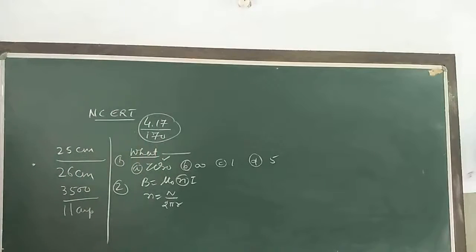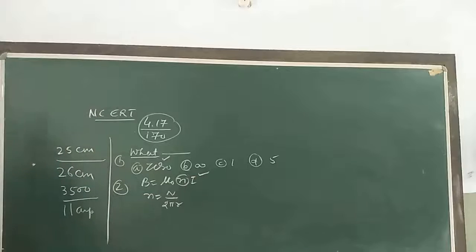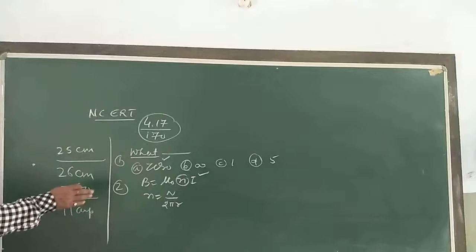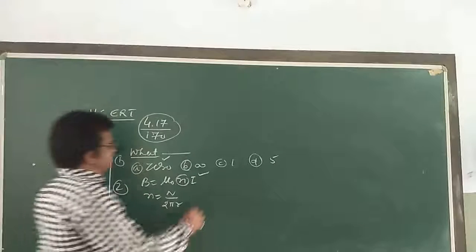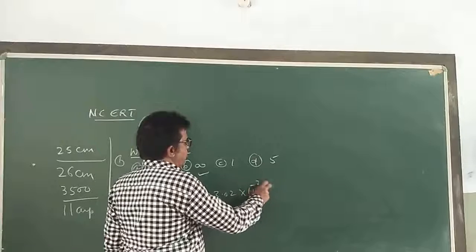All these values you have. Put the value of mu naught as 4 pi into 10 raised to the power minus 7 and solve it. You will get the answer around 3.02 into 10 raised to the power minus 2 Tesla.